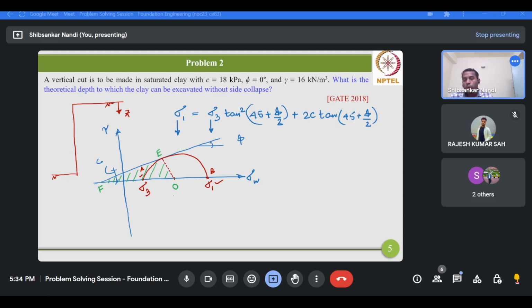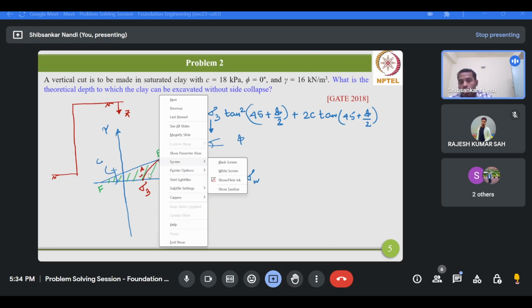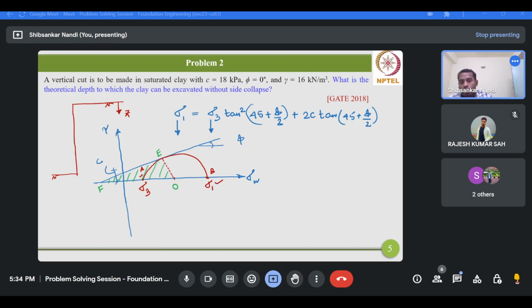Now from this OEA, since you know that this radius will be perpendicular to this tangent EF at point E, from this triangle you can define the value of sine phi.